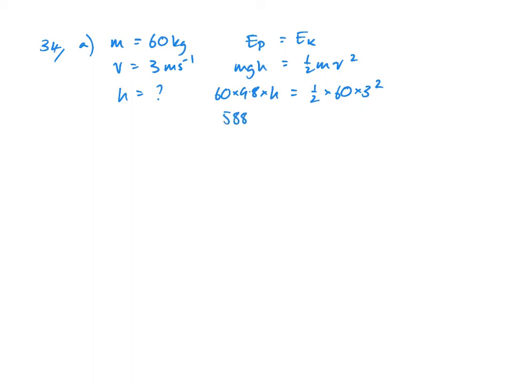So I get 588 times h, and then I do the 0.5 times 60 times 3 squared, equals 270. Remember, it's important when you're showing a substitution into that half mv squared formula that you show it as 3 squared and then do your working, because if you put it straight in as 9 there, there's a chance you might make a mistake, and if you've not got clear working, then you can't get credit.